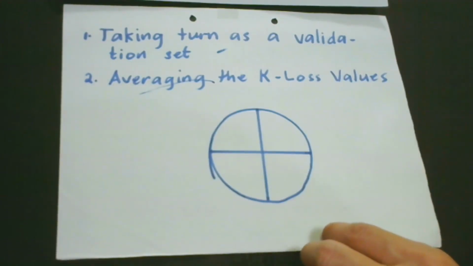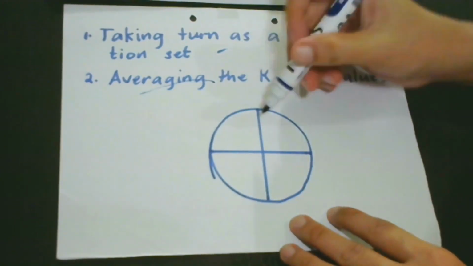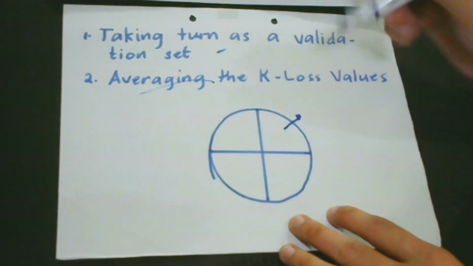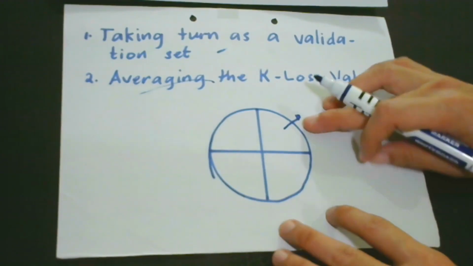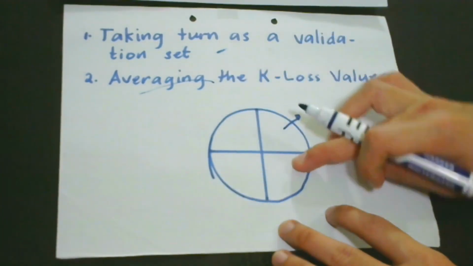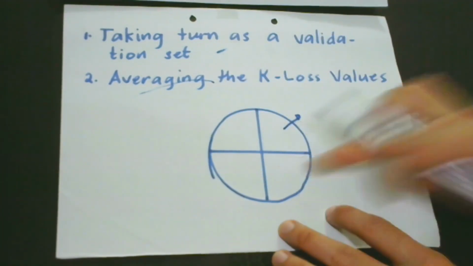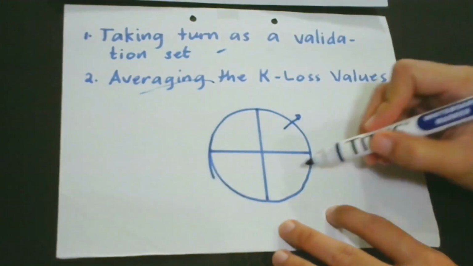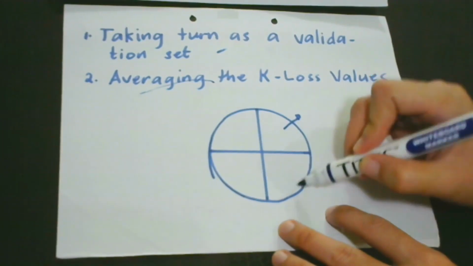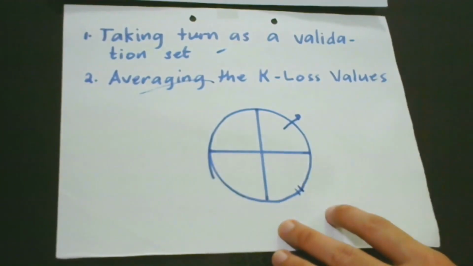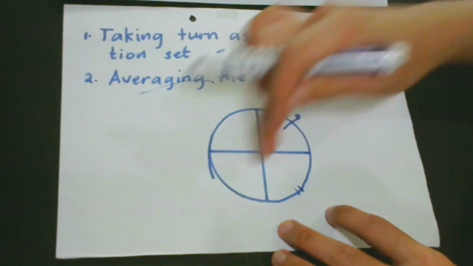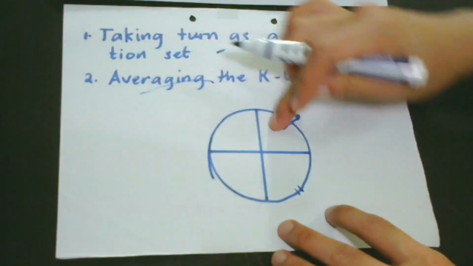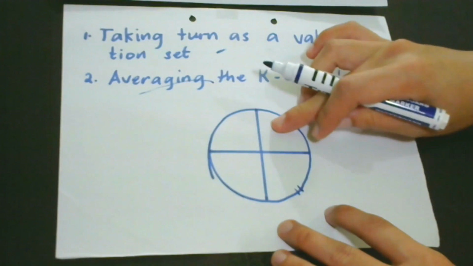First, this one would be our validation data, and the rest would be our training set, so we have 3 to 1. Then the next one will become our validation data for our second turn, and the other three parts would become the training set.